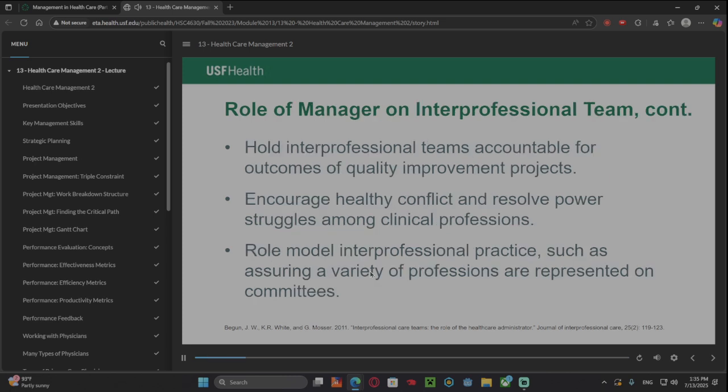Healthcare managers also hold the interprofessional teams accountable for outcomes of quality improvement projects. Healthcare managers encourage healthy conflict and resolve power struggles among clinicians, and we role model interprofessional practice such as assuring a variety of professionals are represented on various committees.